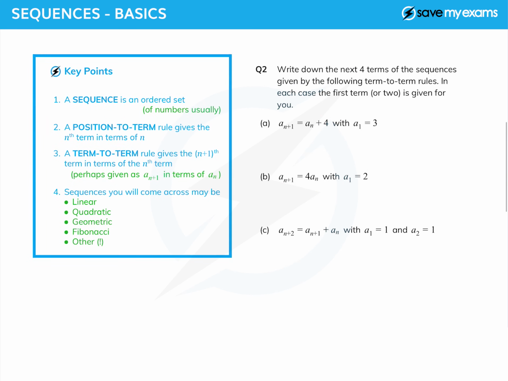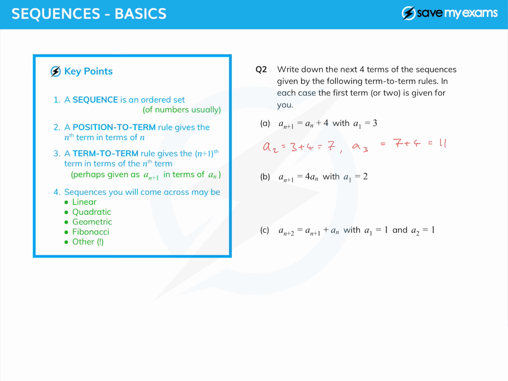Let's look at term-to-term rules now. So in this case, we're given the first term or 2, and we're asked to find the next 4 terms of these sequences. Okay, so the first one, we start with a1 equals 3, so a2 is equal to 3 plus 4, which is 7. a3 will be equal to 7 plus 4, which is 11.